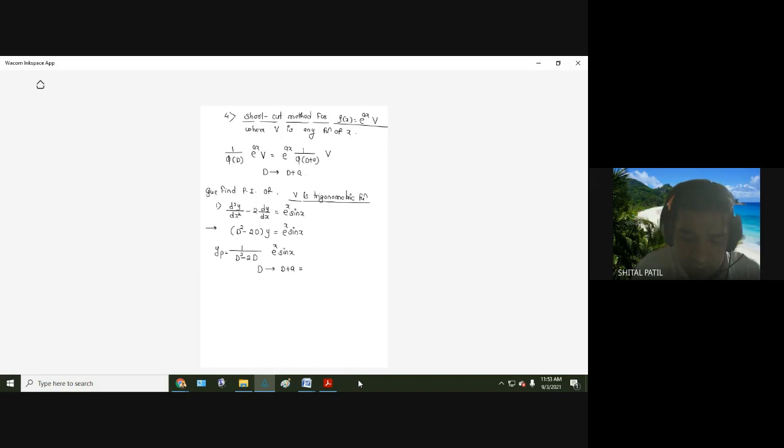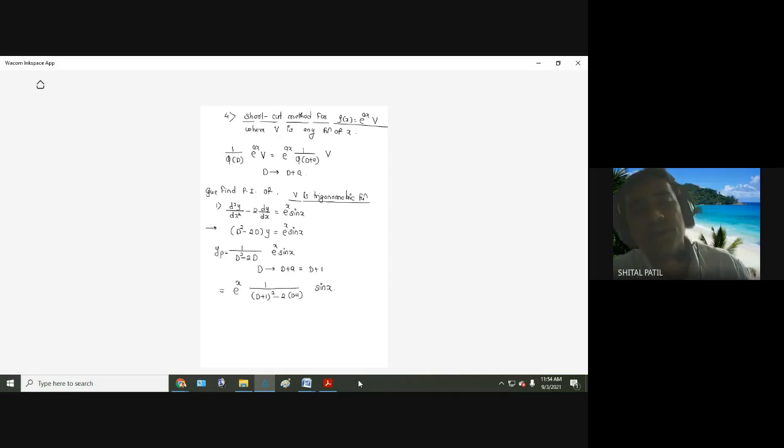Coefficient of x in exponential terms. So that is 1. Replace d by d plus 1. And remember that we have to write e raised to x on this side. Now replace d by d plus 1, and that is to be operated on v only, sin x only. Okay, so it is like this. Simplify this.